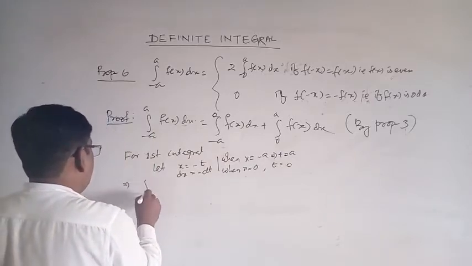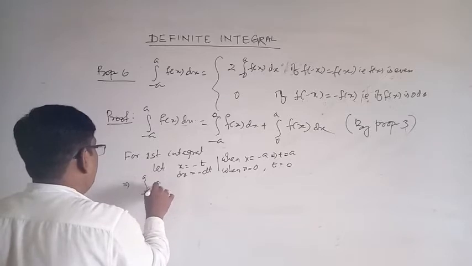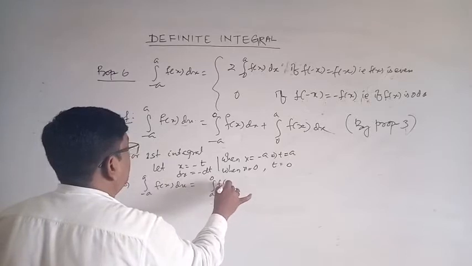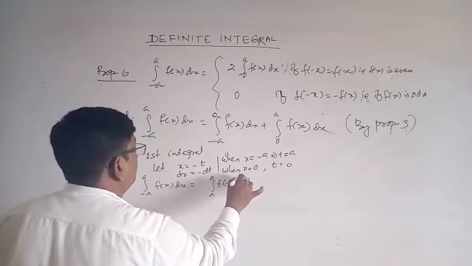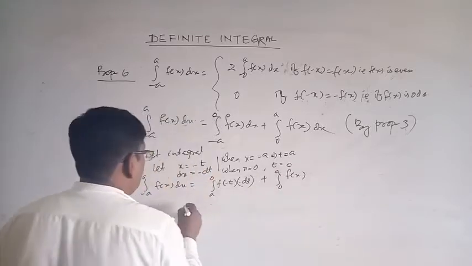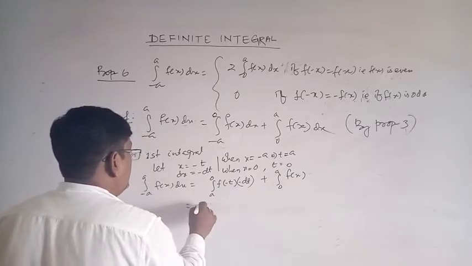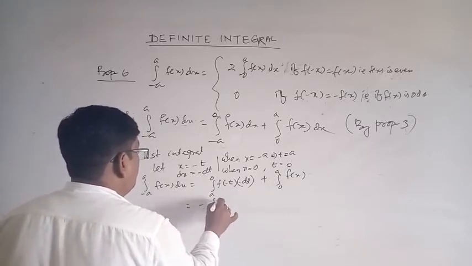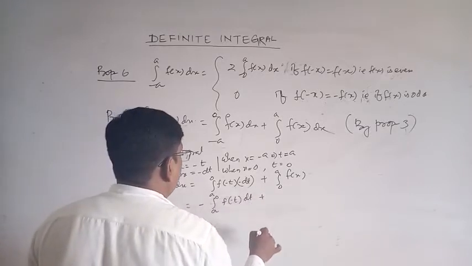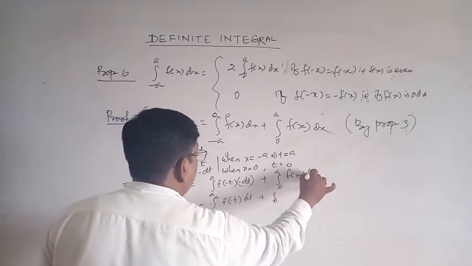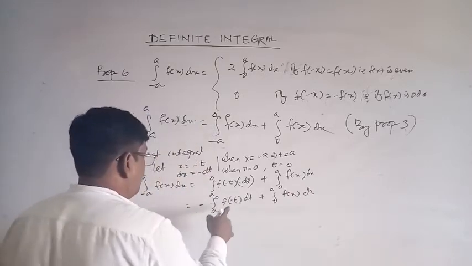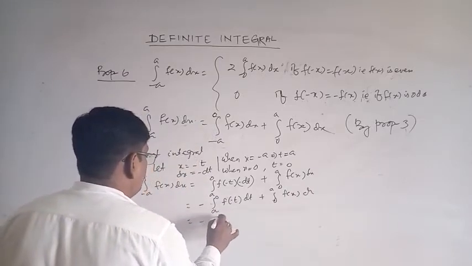That implies the integral from minus a to a of f(x) dx is equal to the integral from a to 0 of f(minus t) into minus dt plus the integral from 0 to a of f(x) dx. Taking minus common, that is minus of the integral from a to 0 of f(minus t) dt plus the integral from 0 to a of f(x) dx.